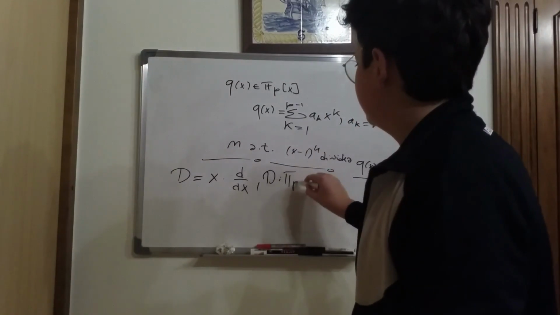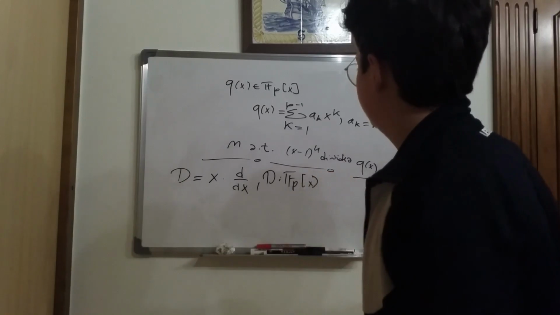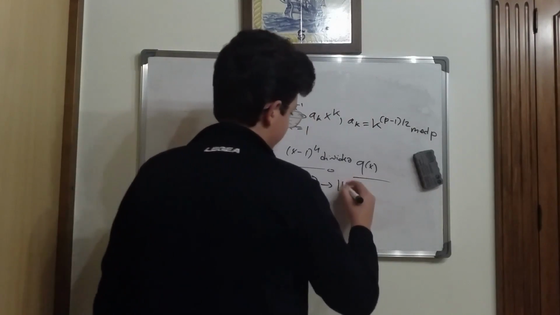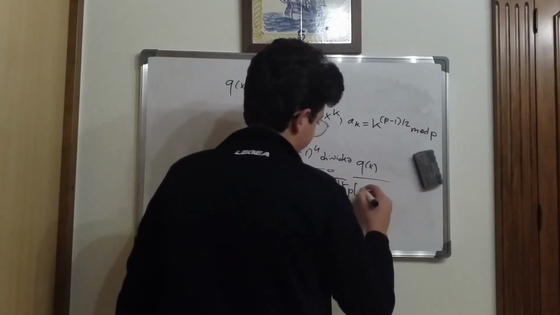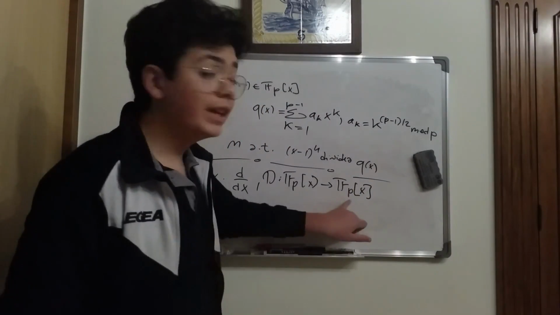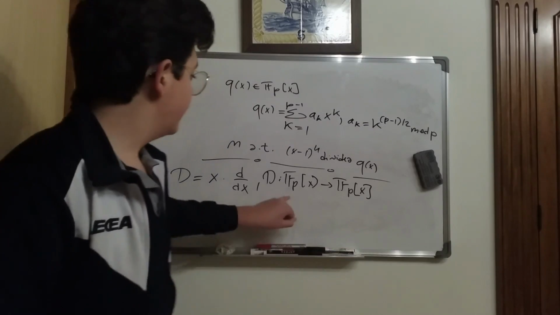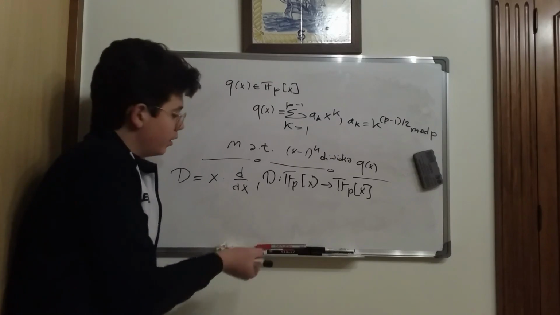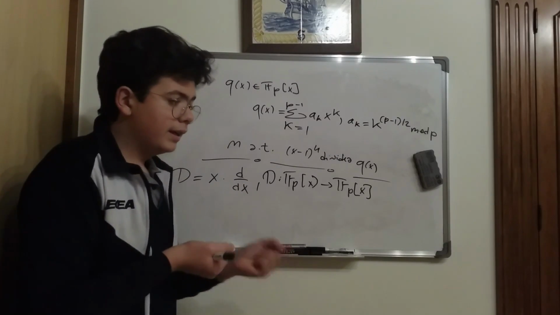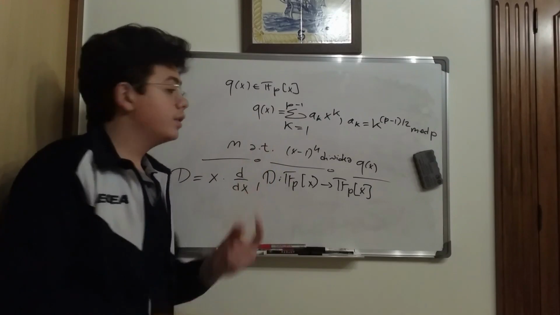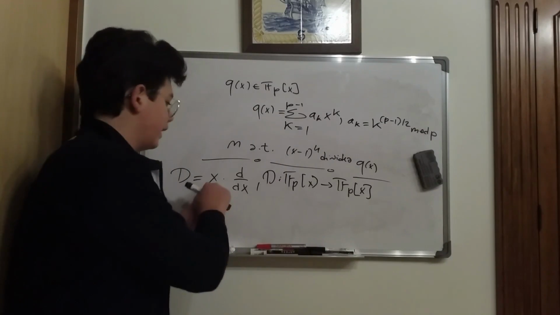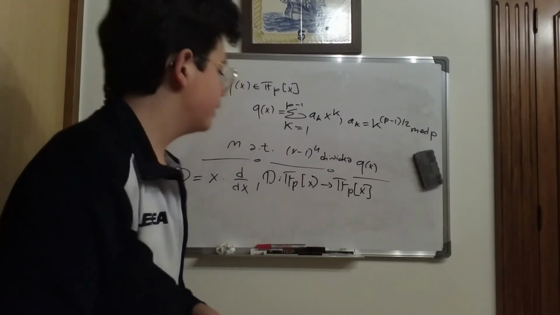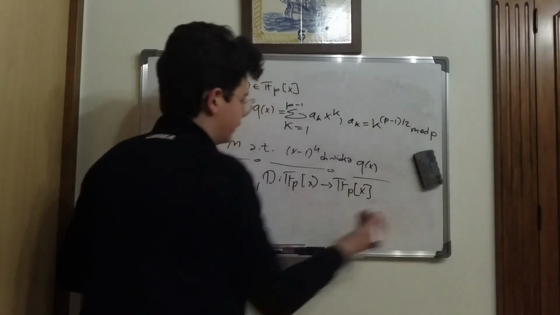Take a polynomial of this ring and get another polynomial of the same ring and of the same degree as the starting polynomial. Why? Because here I have x, okay? So the derivative of a polynomial lowers the degree of the polynomial by 1. If I multiply by x, I leave the degree of the polynomial unchanged, okay? So I have this. Perfect.